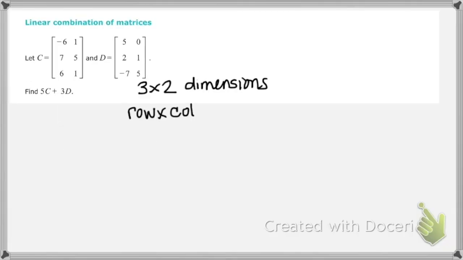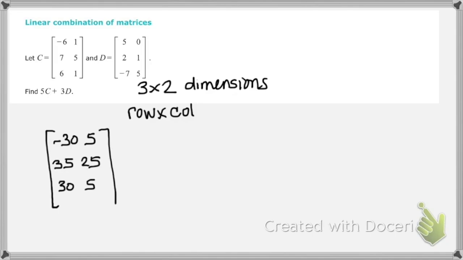Here we have a combination of multiplication and addition. I'm going to take this first matrix C, and I'm being asked for 5C. So let's do that. Multiply each element by 5. And then the second one here, 3D, is asking us to multiply each of these elements by 3.